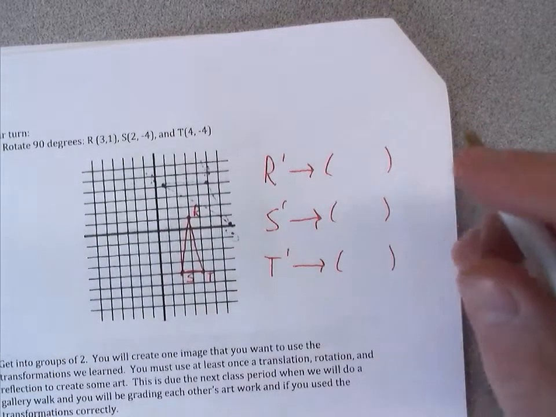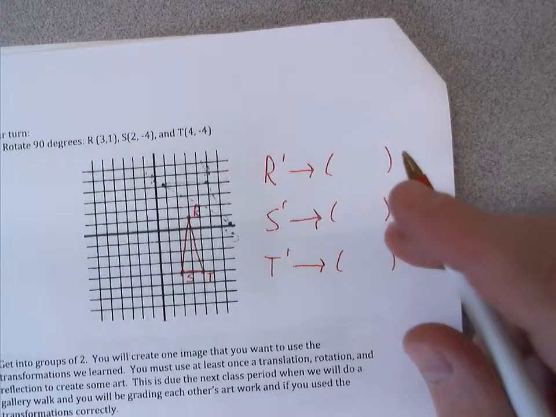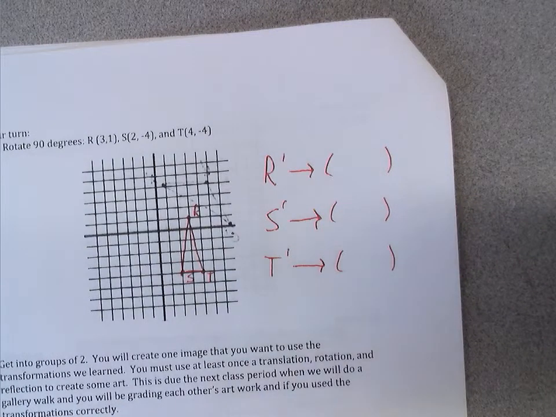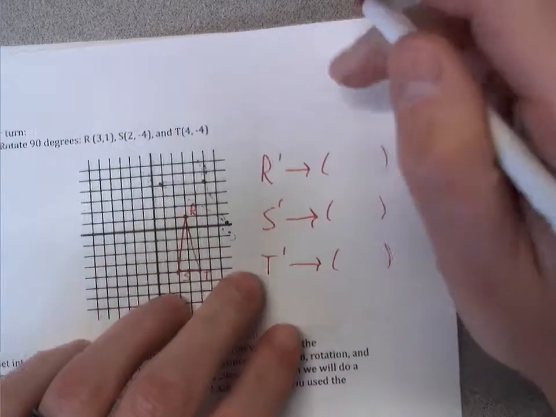So we need to go over those coordinate rules. If we look back again at what happens in a 90-degree rotation, x and y are going to swap places and all the y's become negative.